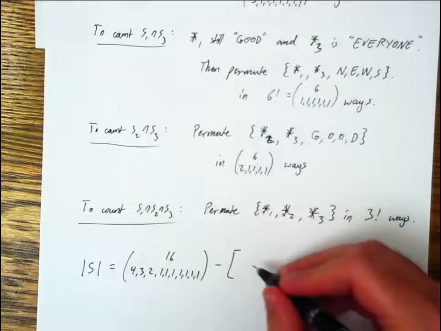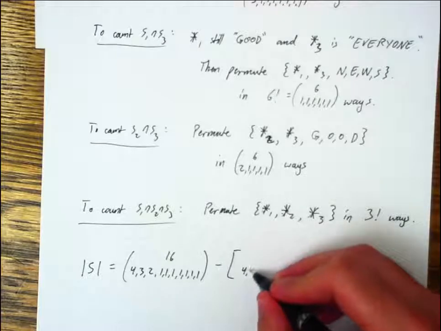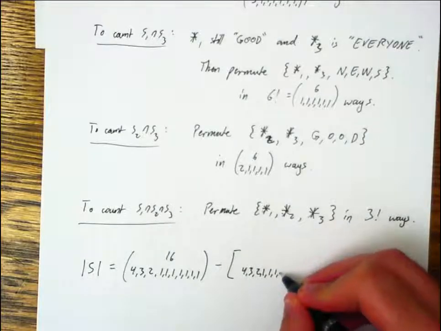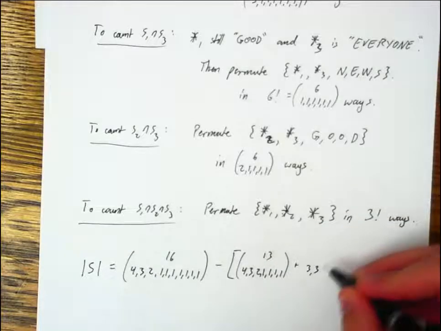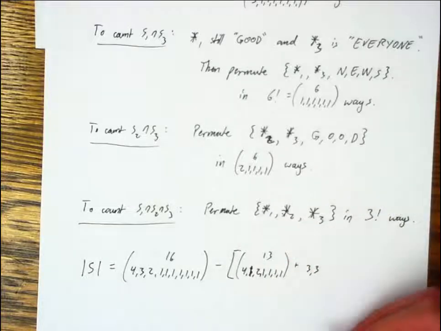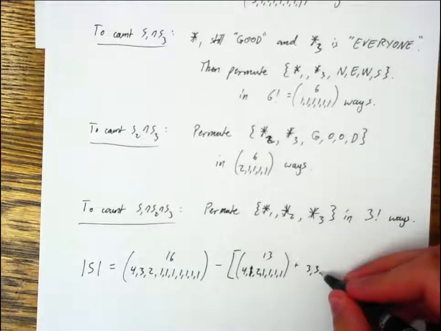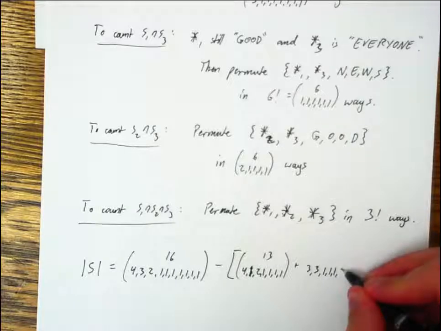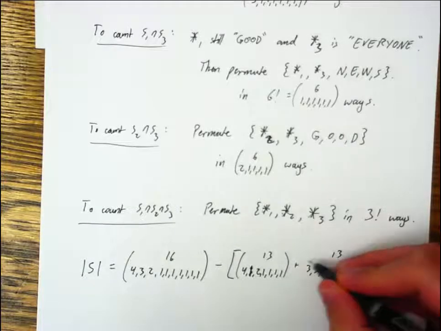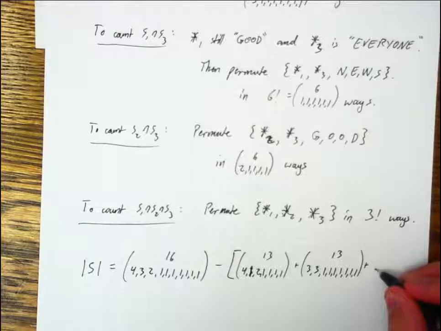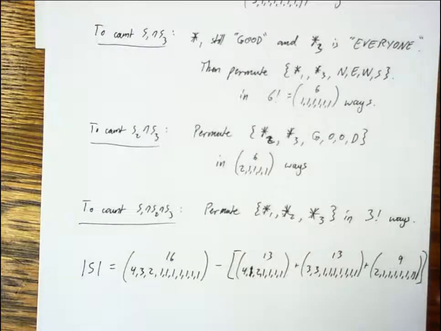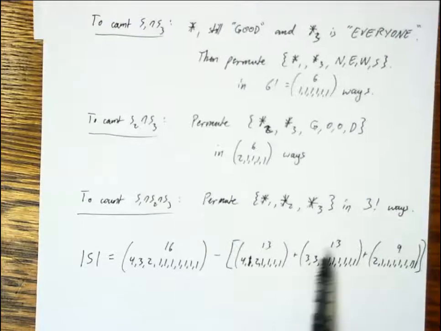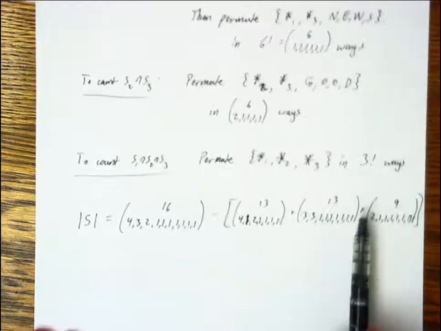Then I'm going to take out the singletons, so 4, 3, 2, 1, 1, 1, 1 from S1. Oh, sorry, that was an extra 1, my notes were wrong again. And then 3, 3, so 13. And then 2, 1, 1, so 9 from 9 letters. And that counts S1, S2, and S3.